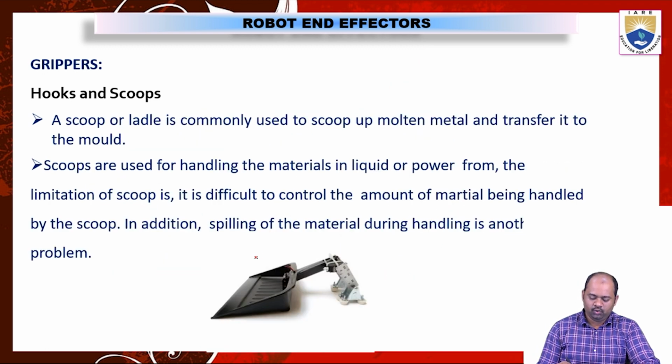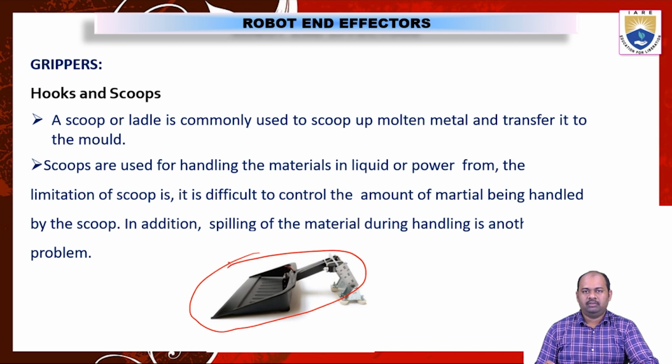So this is a scoop. We all know these are the scoops which are used to lift loose particles, like sand or some kind of material, that can be easily scooped with the help of this scoop. The scoop is also attached to the robotic arm, where it can be used to move particles or aggregate particles from one place to another place.